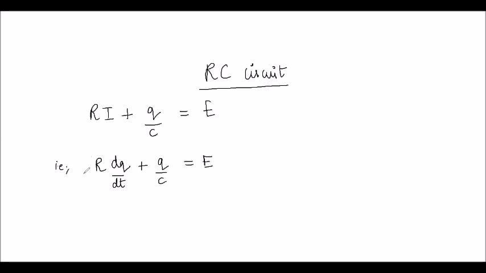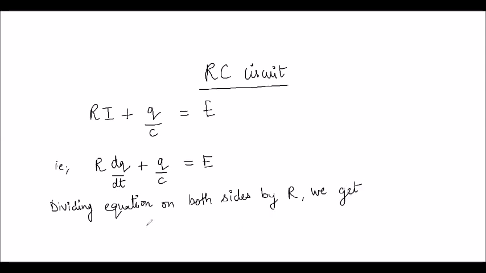Dividing the equation on both sides by R, we get dq by dt plus 1 upon RC Q equals E upon R. Here again R and C are constants.